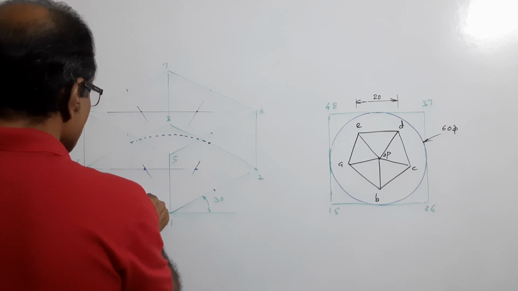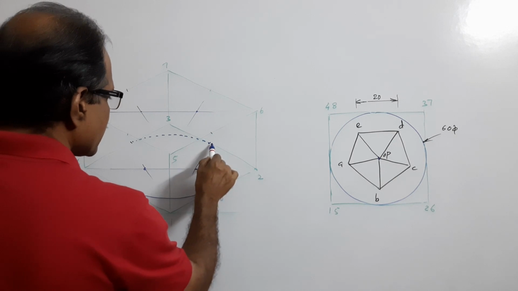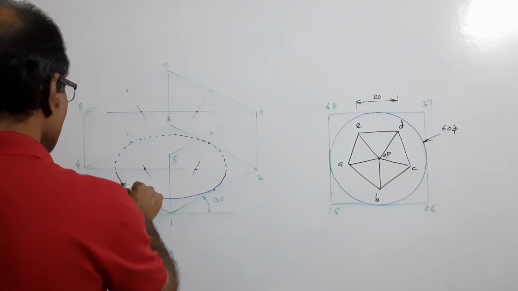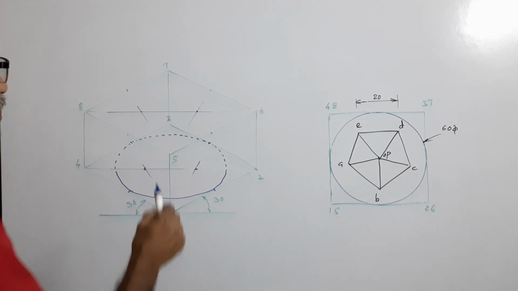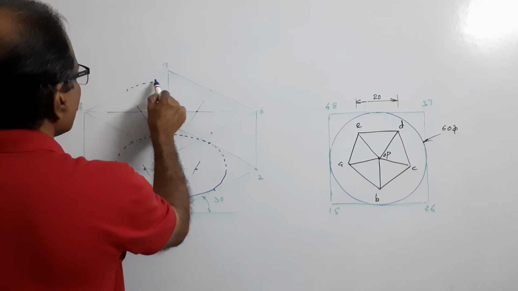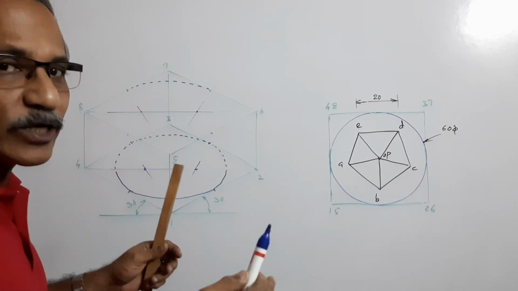Between this, firm, this as center, dotted, firm, dotted, firm. Do the same thing here. For the time being, I am drawing this also as dotted, because when the pyramid is standing, some part will be dotted.